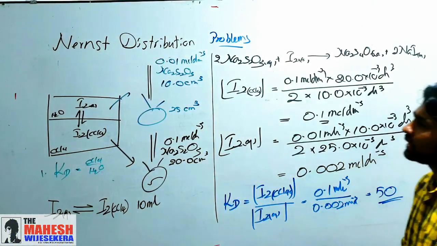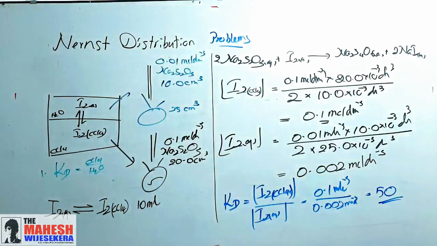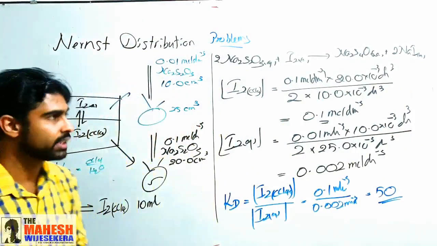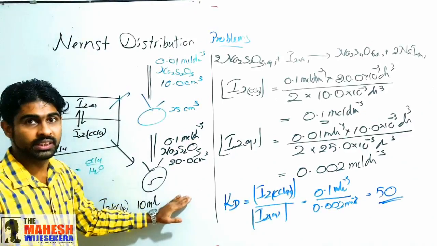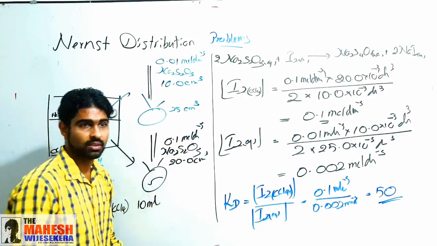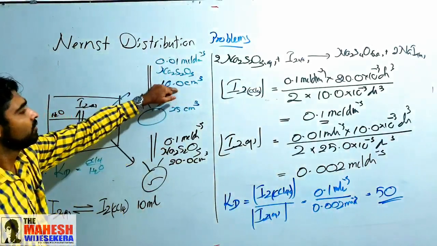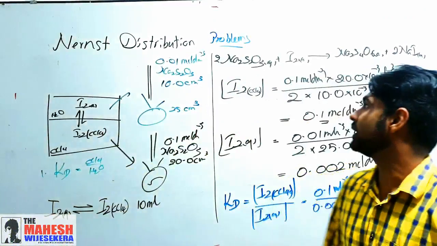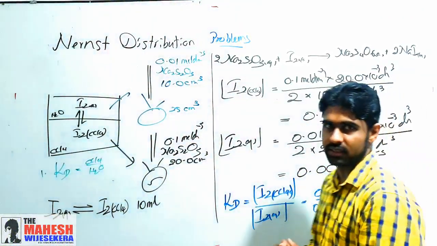The thing is, we know that iodine is more soluble in CCl4 than in water. So if you use the same concentration, sometimes the volume of thiosulfate required for the CCl4 layer will be very high. You might have to refill the burette. Or for the aqueous layer, sometimes by adding 1 or 2 drops, you get the color change. So that is why we are using different concentrations.